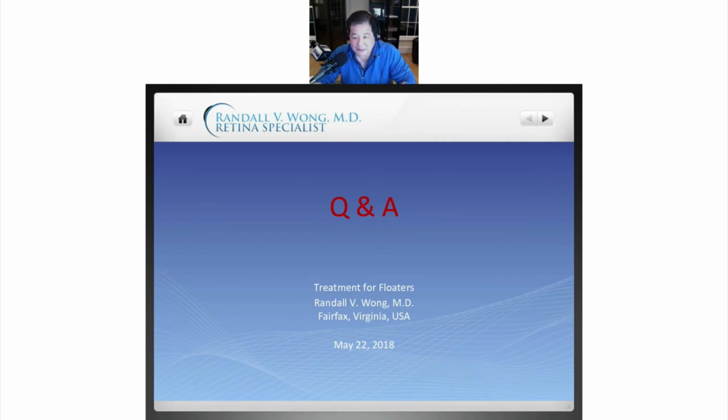And that is a very counterintuitive answer, but all I can say is the two processes are not necessarily the same. Inducing a PVD is slightly different. What we're trying to do is create a separation between the vitreous and the retina. Aberrant tears can happen while you're doing the vitrectomy or actually while you're doing the PVD. So we're just actually very wary. But I guess what I'm trying to say is you can actually most of the time successfully create a PVD without the worry of a tear.